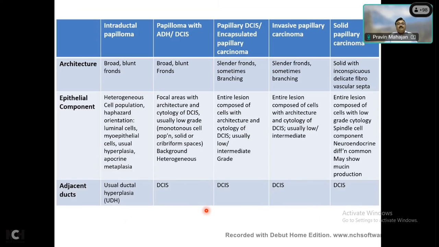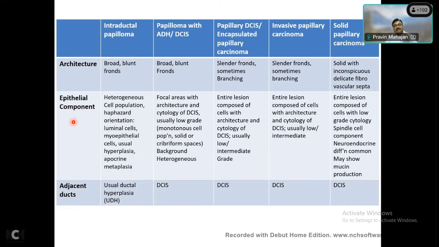Now, this is quite a busy table, which shows you the difference between different entities of the papillary lesions, right from the benign end, which is intraductal papilloma, to the more malignant lesions like invasive papillary and solid papillary carcinomas, which can be differentiated based on architecture and epithelial component.